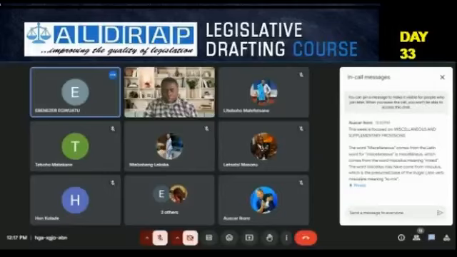Then miscellaneous provisions help you to cover up any loophole, any gap, any circumstance that is not covered in the principal provision. And how does it do that? It helps you to ensure or to achieve the implementation of the principal provisions.